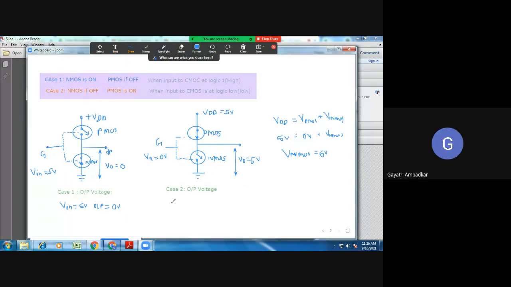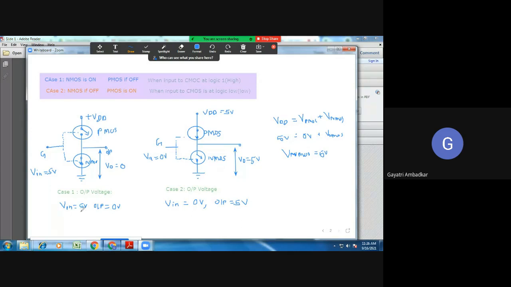So you have given input equal to 0 volt and you got output equal to 5 volt. So that is why it is called a CMOS inverter.